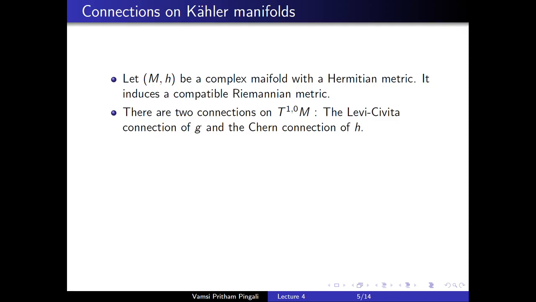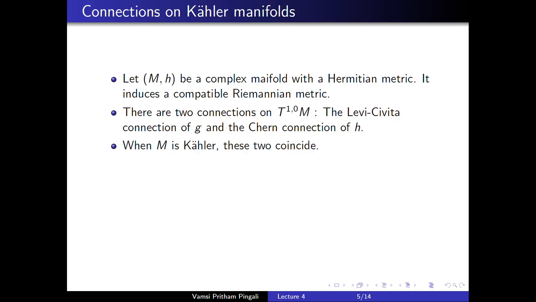Notice that the holomorphic tangent bundle is isomorphic to the real tangent bundle using a standard isomorphism, and I said that I'll always identify these 2 bundles with that isomorphism without mentioning it. Yeah, this is one of those times, for instance. So there's this Levi-Civita connection of the associated Riemannian metric on the real tangent bundle that induces a connection on the holomorphic tangent bundle. So there are 2 connections on this bundle. Okay. So natural question is, when do they coincide?